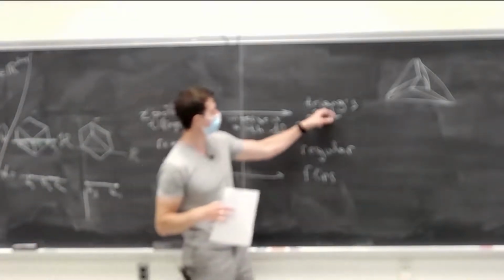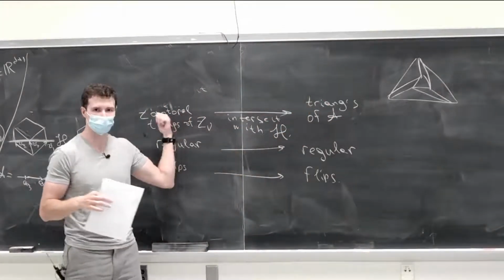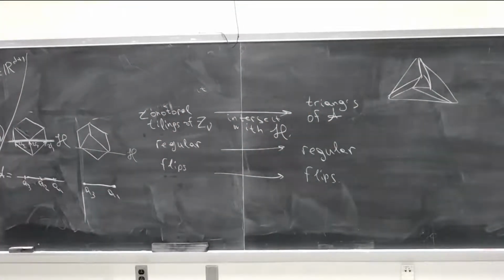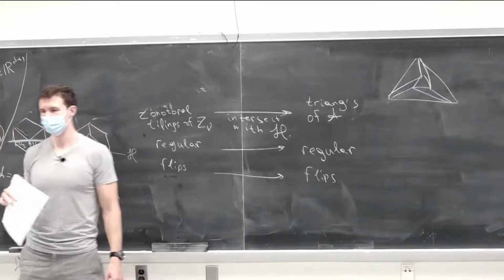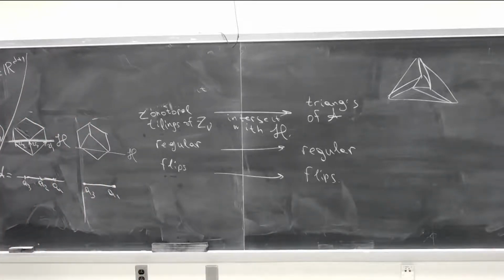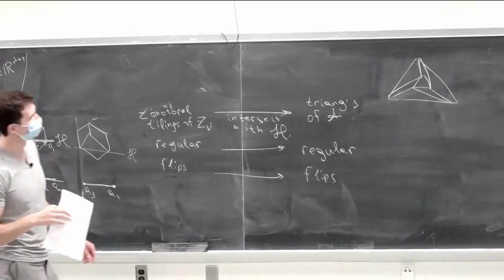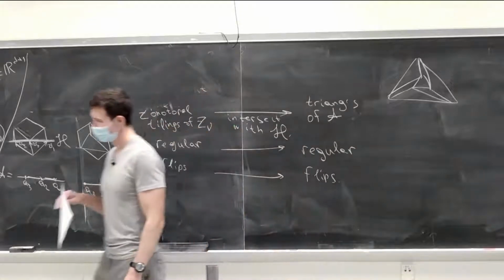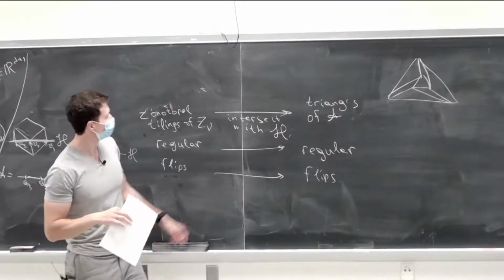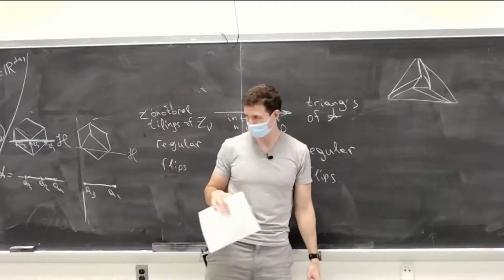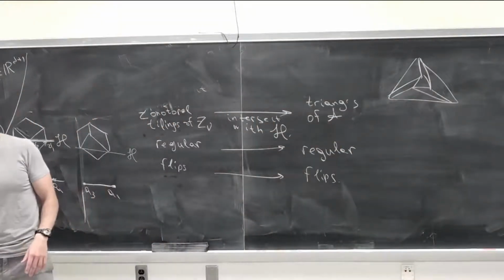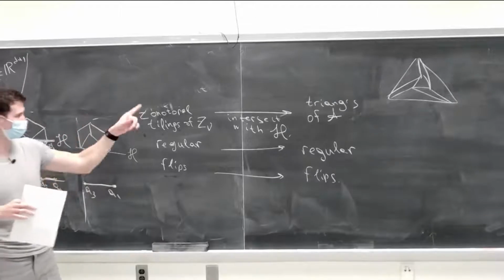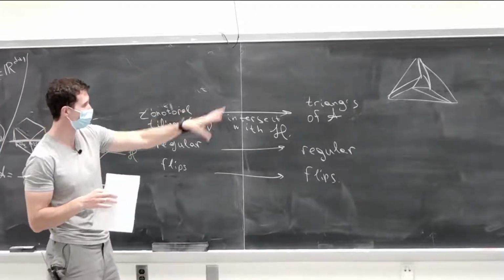If you give me a triangulation, we can't always realize it as a section. So in general, you can't go back, but maybe in this case, you can go back. And I think that's true. You can go back in this case.